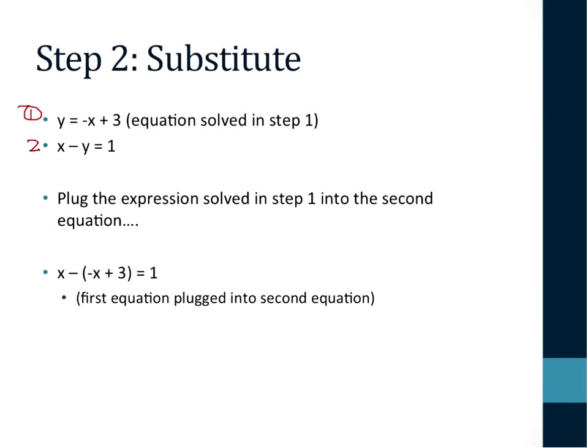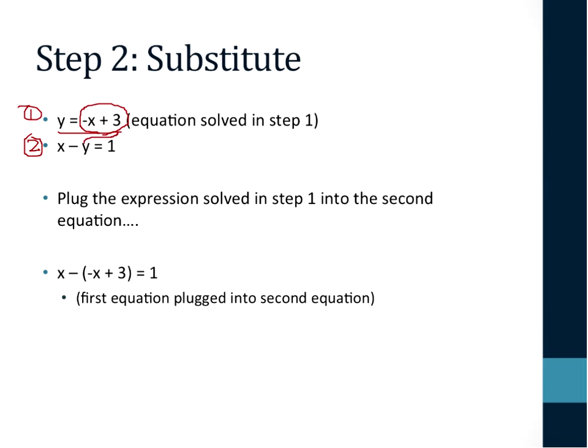I've rewritten my two equations. Notice that this first equation, I've rewritten it as the equation that I solved in step 1. I'm now going to take that equation that I solved for, and I'm going to say that y equals a negative x plus 3.